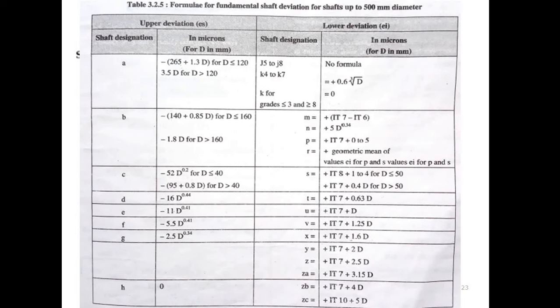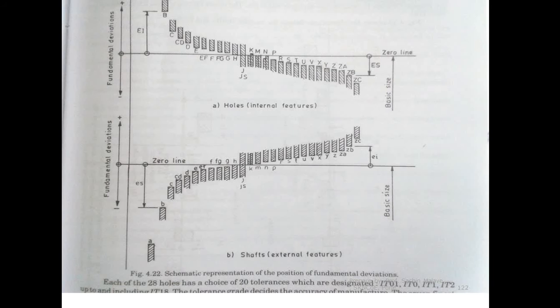Then from J to ZC, the fundamental deviation is positive. You can see here. Fundamental deviation is going to be positive, because again we have seen that for M to ZC type of the shaft, all the shafts are above this basic size line, or above the zero line.